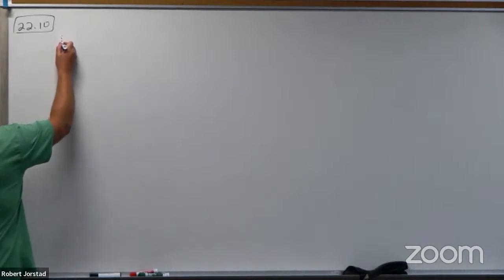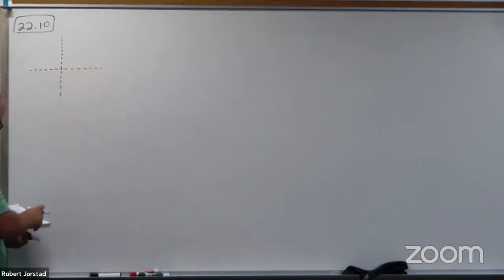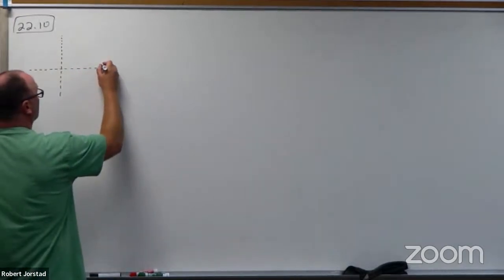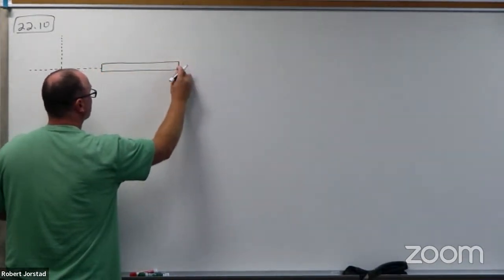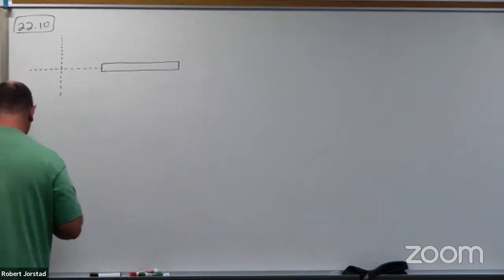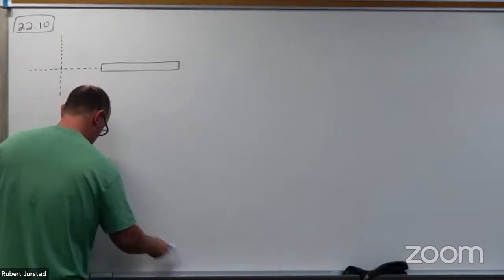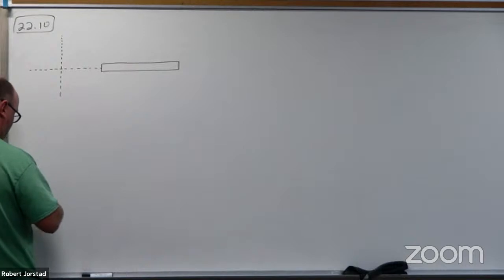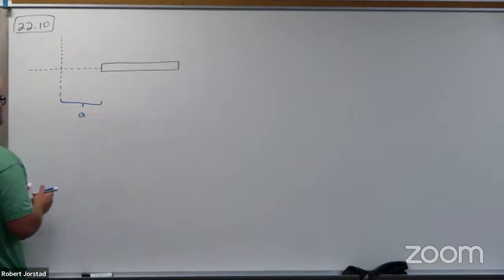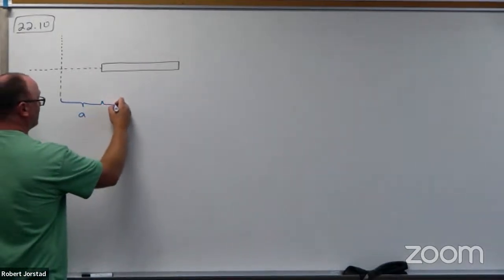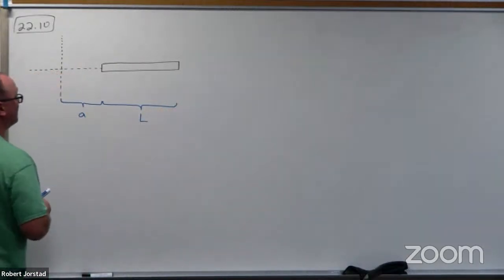So let's just draw this up. Basically trying to redo that simulation. There's some object here. We're told in this particular problem that there's a distance here, A. There's a distance here, L. So those are the two distances involved.